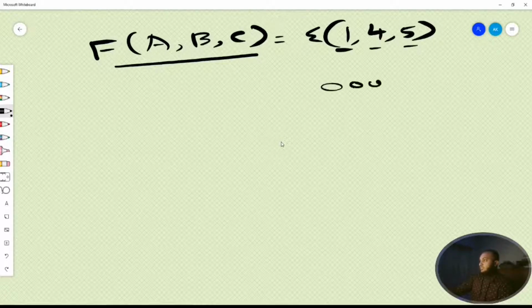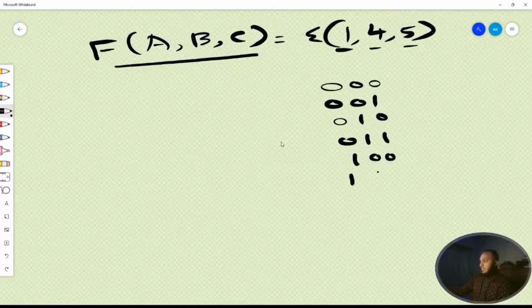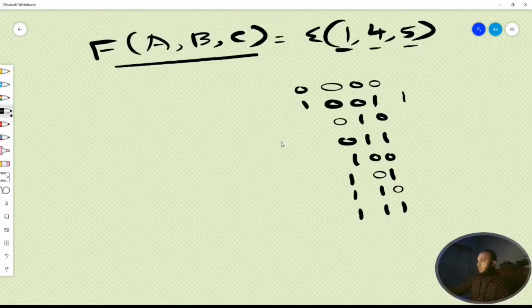So if we draw the truth table: 0 0 0, 0 0 1, 0 1 0, 0 1 1, 1 0 0, 1 0 1, 1 1 0 and 1 1 1, we can say the outputs are ones in these positions, because this is position number 0, 1, 2.